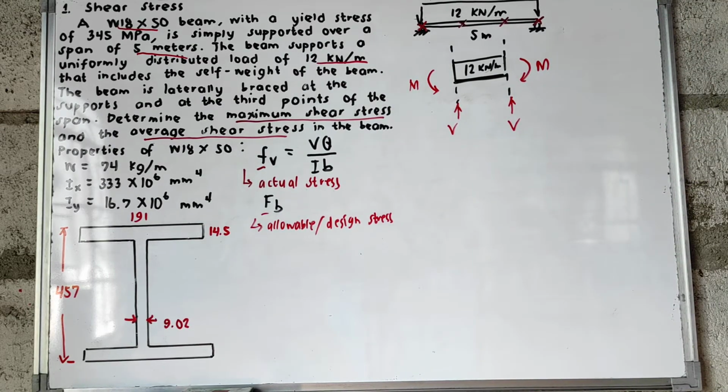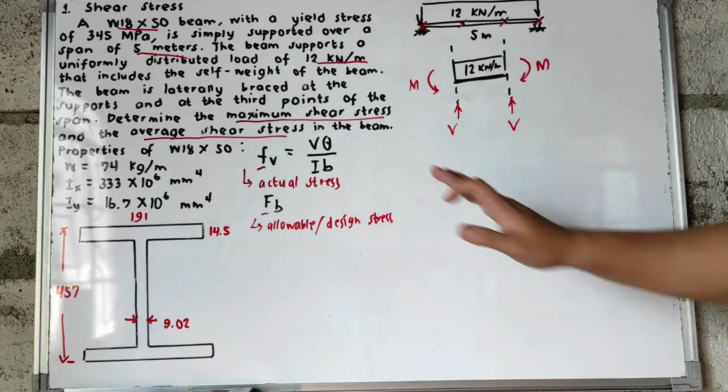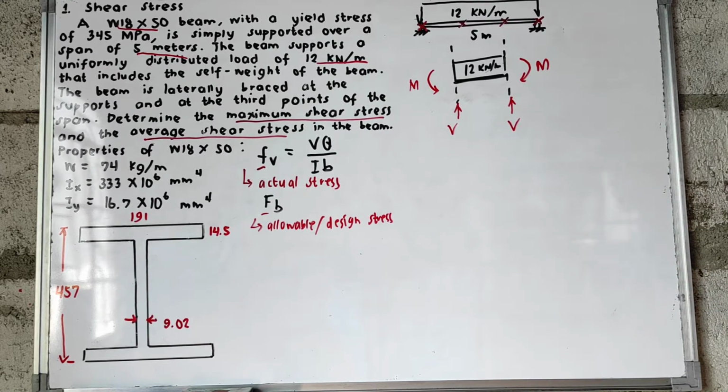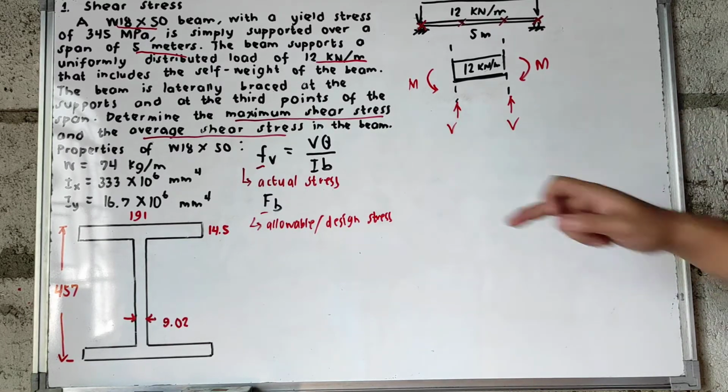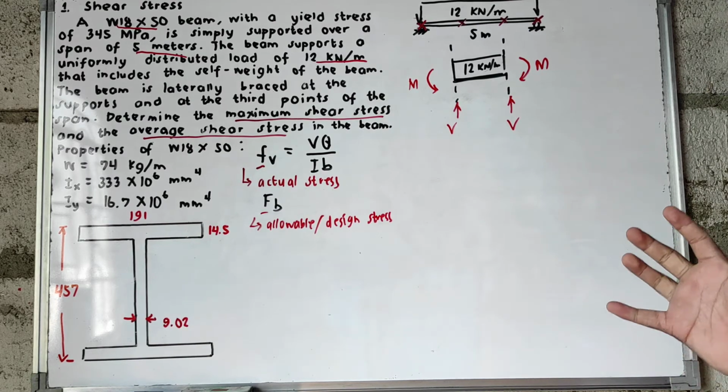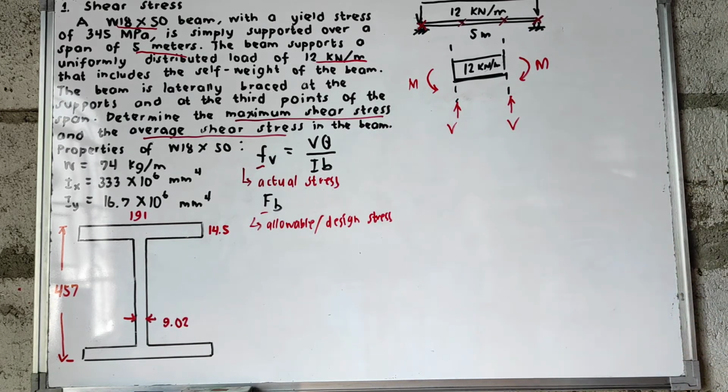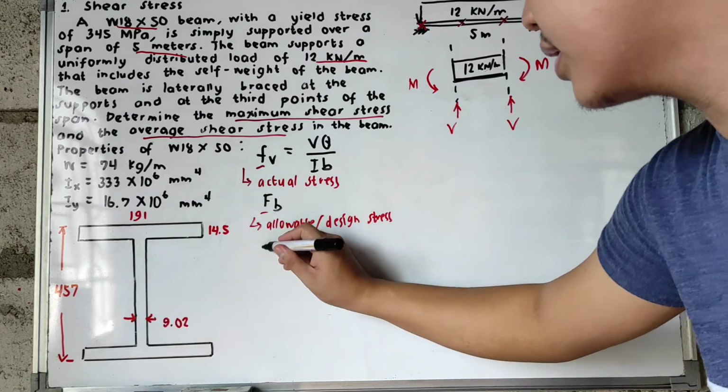So, let's calculate for the value of our maximum shear stress muna, o yung fv is equals to VQ over IB. So, in computing for the maximum shear stress, hanapin natin yung value ng fv max.